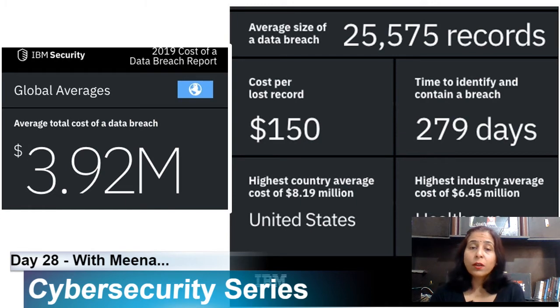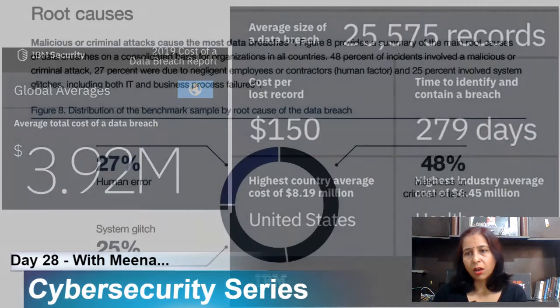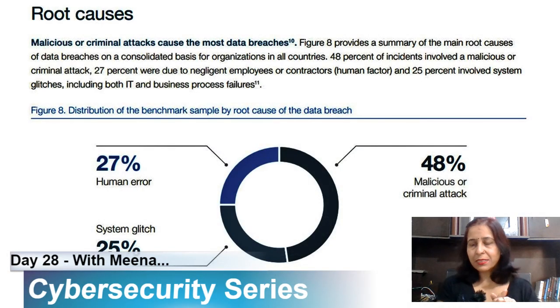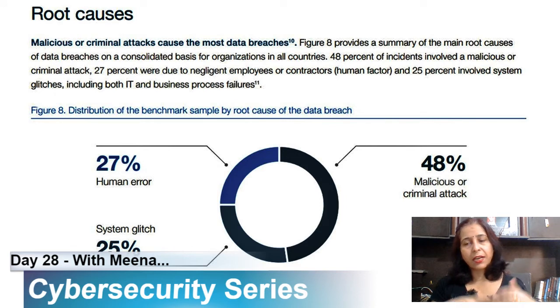Clear? So what is the main root cause of data breaches? There can be many, but I will only discuss three. 48% of data breaches are happening due to malicious or criminal activities.